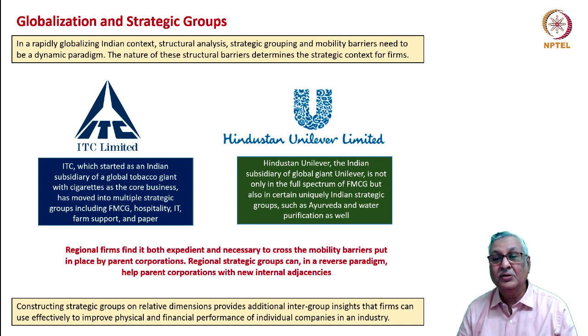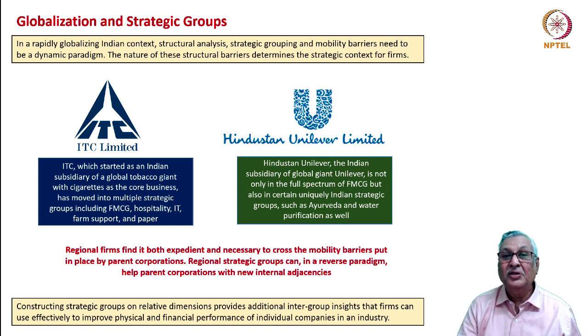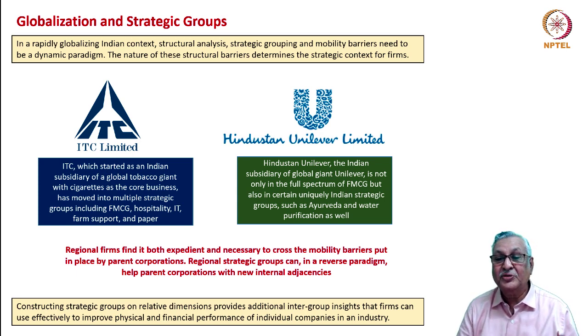Hindustan Unilever was the Indian subsidiary of global giant Unilever, which from inception thought about adapting itself to the Indian requirements. It is not only in the full spectrum of FMCG but also in certain uniquely Indian strategic groups such as Ayurveda and water purification as well.